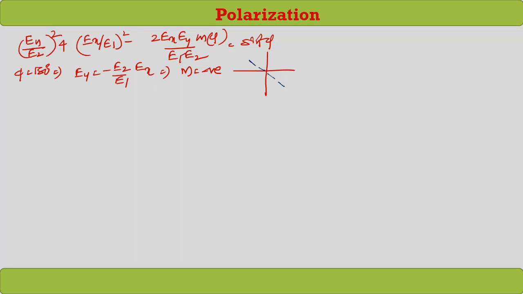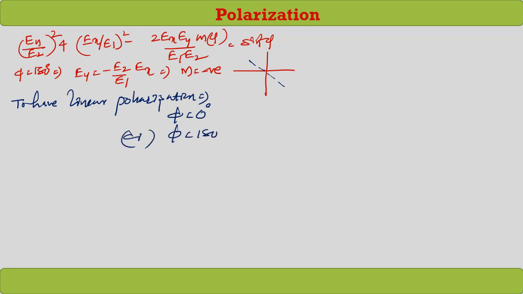So anyhow, to have linear polarization, the conditions are given with respect to the phase difference between the x component and y component, that is phase phi is equal to 0 degrees or phase phi is equal to 180 degrees.